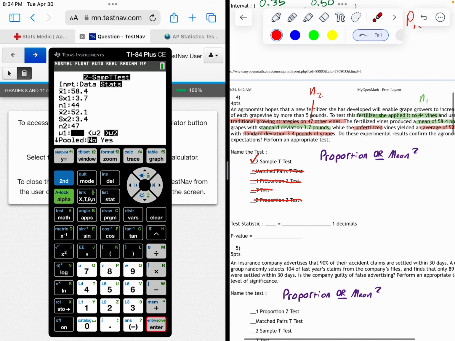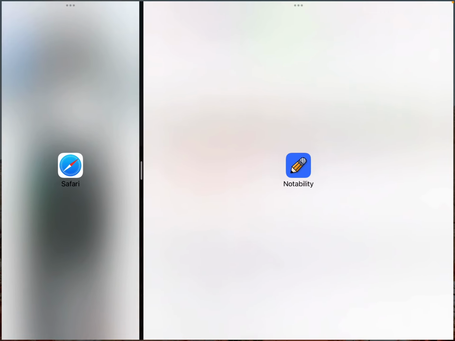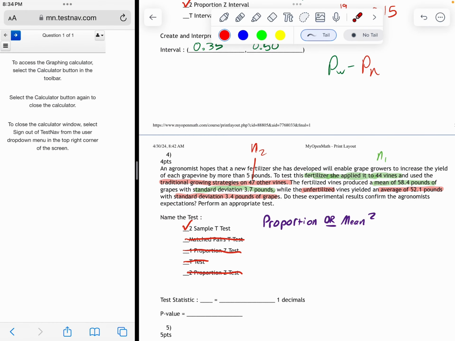Now, which direction is this test? I'm going to have to read one more time. Look for what they hope or believe. They hope that the fertilizer will enable grape growers to increase the yield. There's the ticket. So the ones that are fertilized, the green ones, she's hoping they produce more grapes than the red.